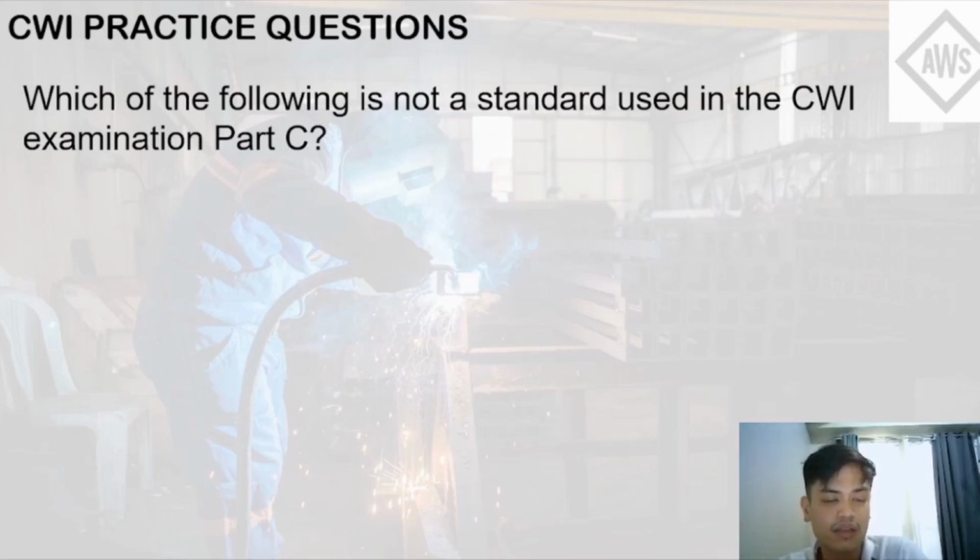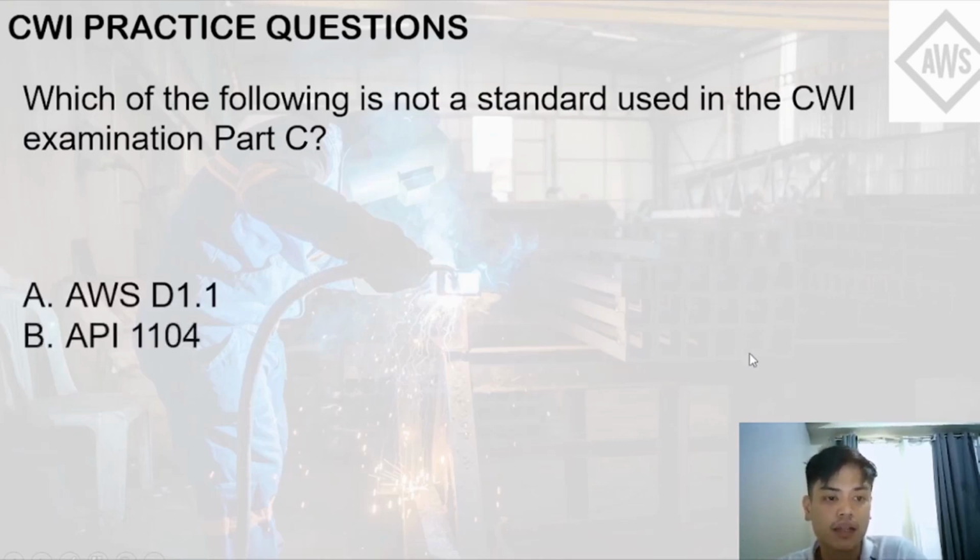He doesn't need to be inspecting just that code or standard when he passes the exam, but in the CWI exam, you need to choose just one. So which of the following in this question is what you can choose? A, AWS D1.1, B, API 1104, C, ASME 9, D, API 610.